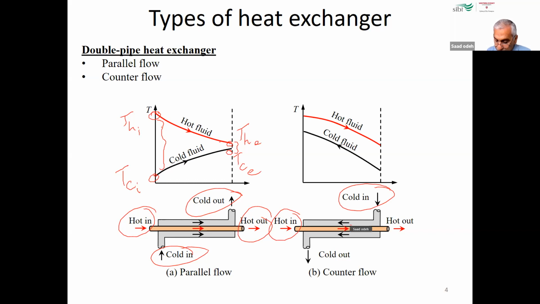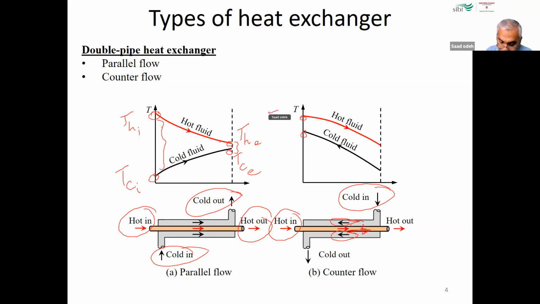So the cold fluid is coming this way, while the hot fluid is coming in the other direction. As you can see, the difference delta T between hot and cold is almost the same along the tube.